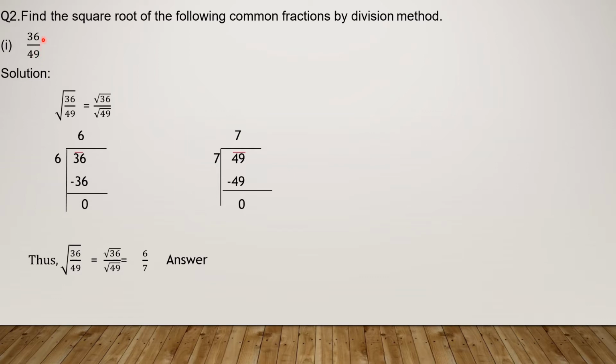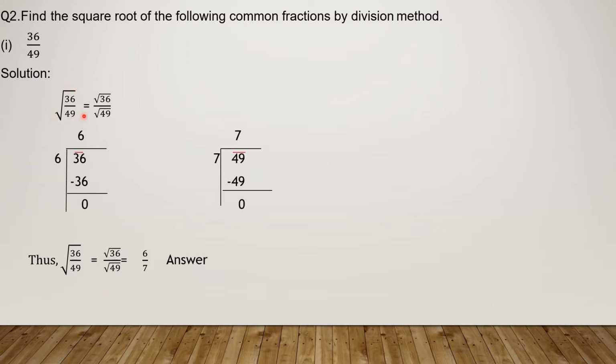A fraction is given to us and we have to find the square root of this fraction, that is 36 by 49. Let's start the solution. First of all, we will rewrite our question, 36 by 49, and then put a square root sign on it.